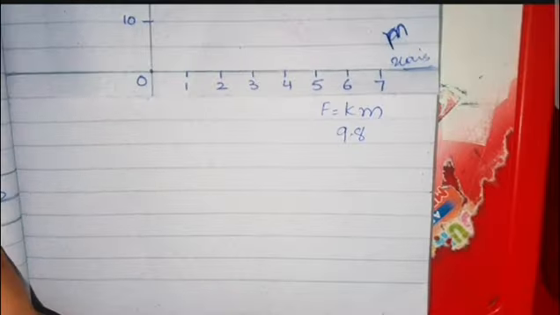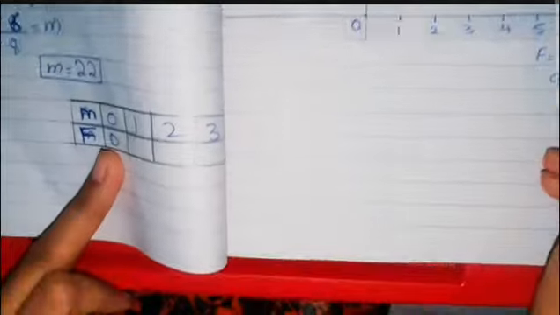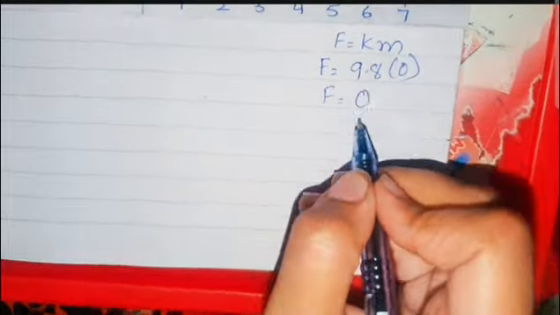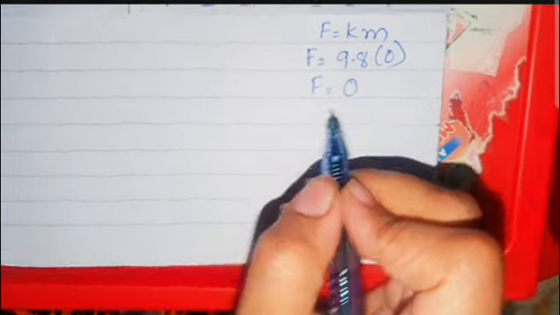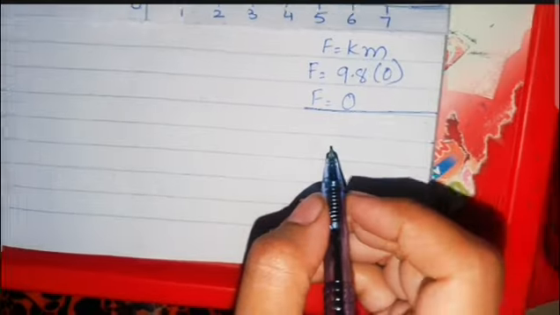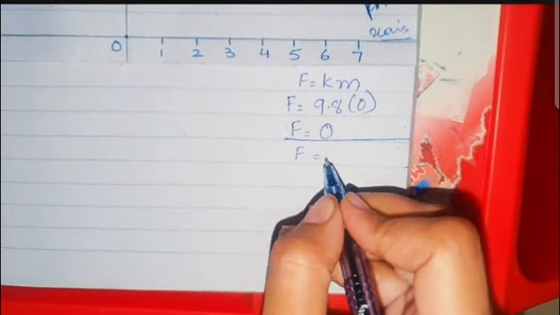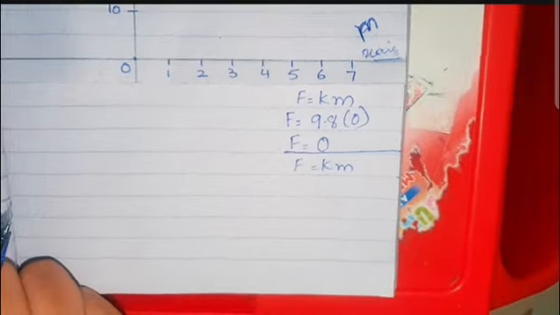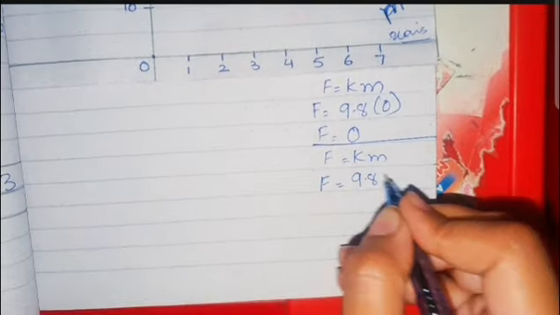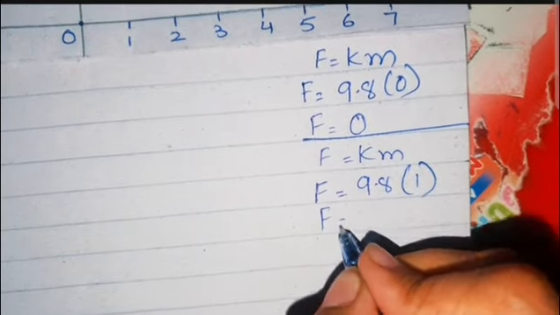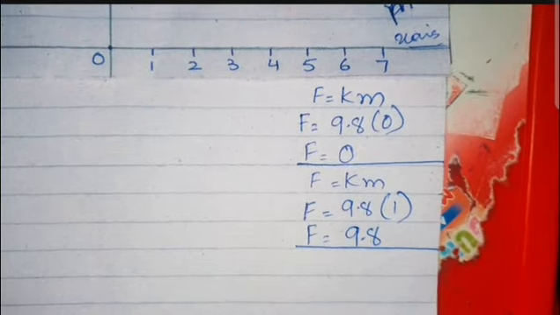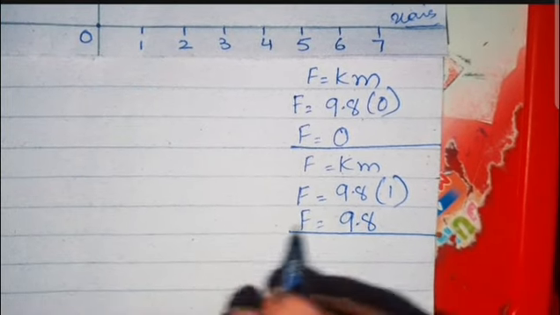First of all, I am taking the value of m as 0, and we'll find the value of F. So 9.8 multiplied by 0 gives 0. Now I am taking 1 for m, and K is 9.8 multiplied by 1. So F is equal to 9.8. So when m is equal to 1, the value of F will be 9.8.